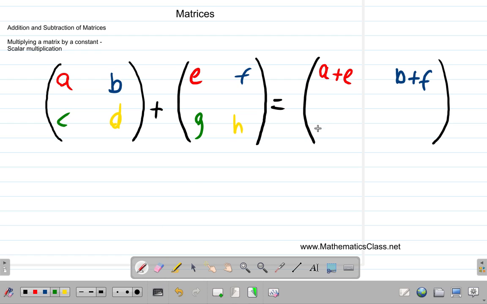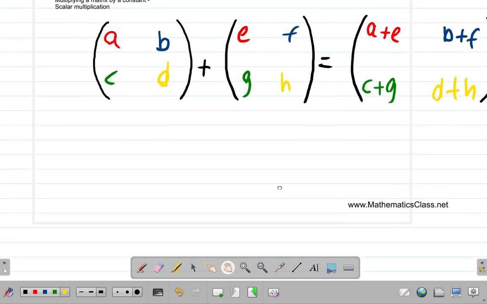So here, it's going to be C plus G. Next will be the element in row 2, column 2, which is D, plus element in row 2, column 2, which is H. So what we have here is D plus H. So that is how we will add the two matrices.